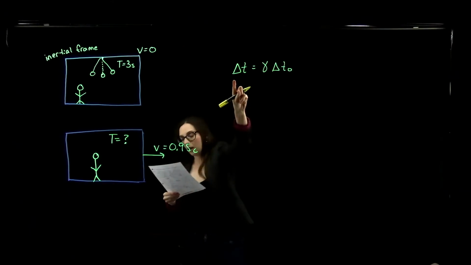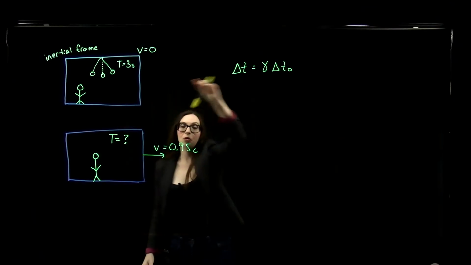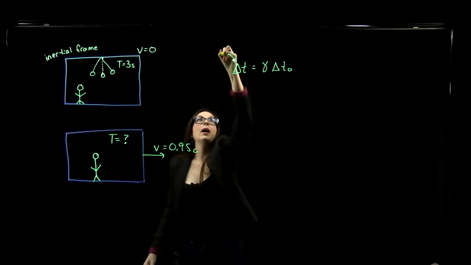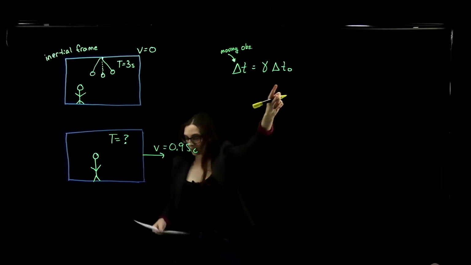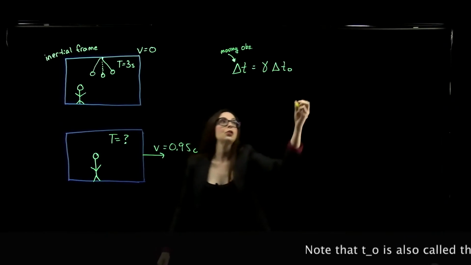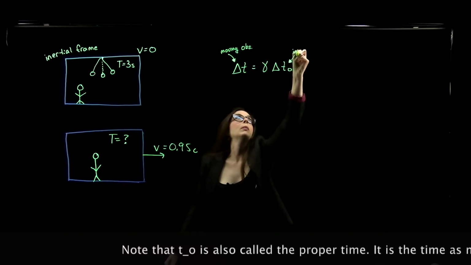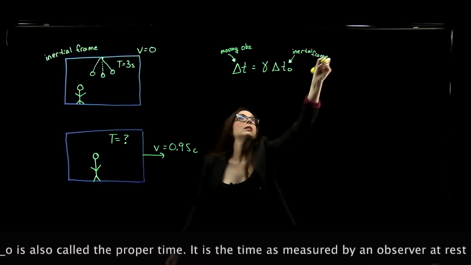Here, delta t is the time as measured by our moving observer. And delta t naught is the time measured by my person in the inertial frame, who is moving with the experiment.